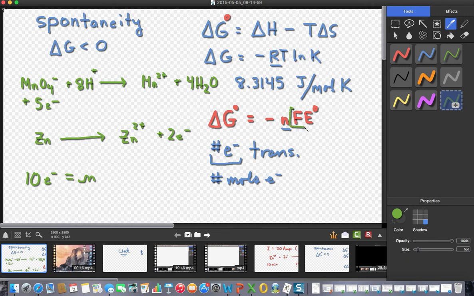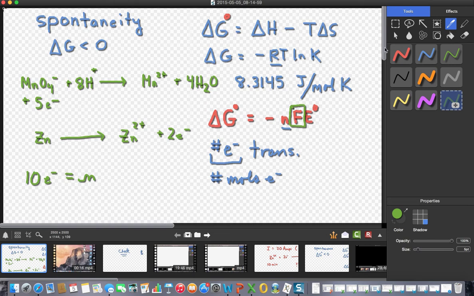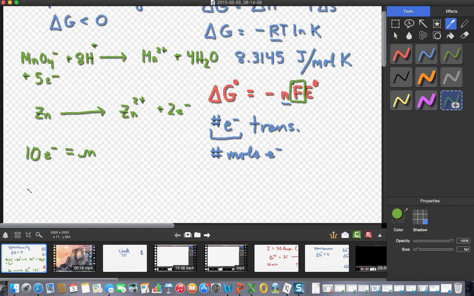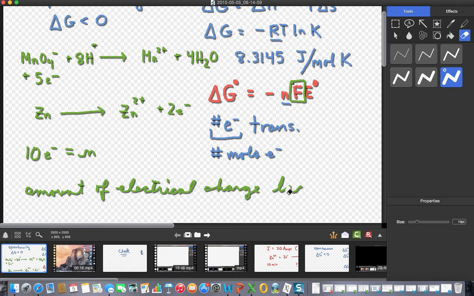Let's talk about the variable F. F is actually a constant known as Faraday's constant. And Faraday's constant deals with the amount of electrical charge that is required to react with a mole of electrons.